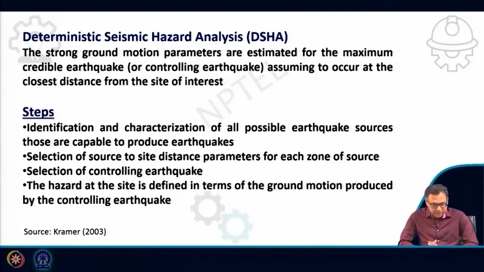But there is an issue that we are not sure whether that earthquake will come or not in the entire design period of a particular structure. But you have to take the maximum one.